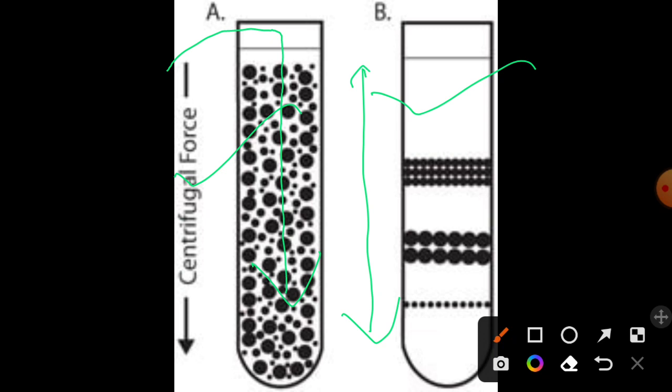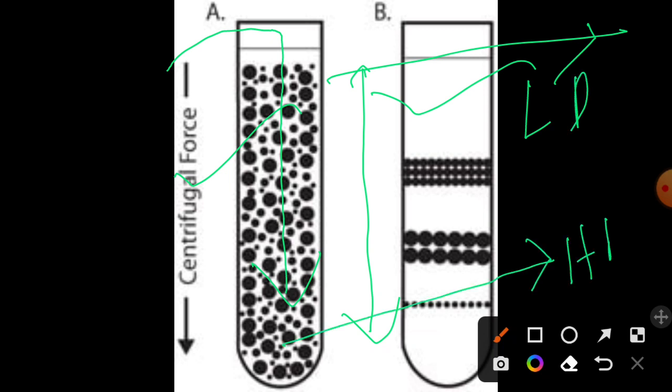The lowest density will be at the top and the highest density at the bottom, and the intermediate part will have medium density. The macromolecules will move through it and settle at a particular point where their buoyant density is exactly equal to the density of the column.